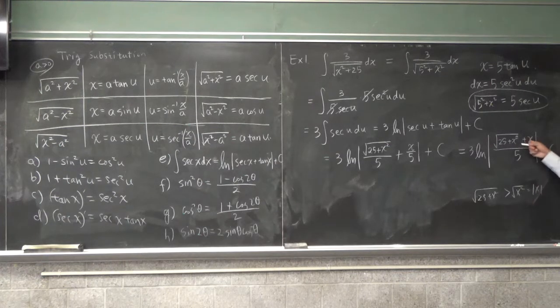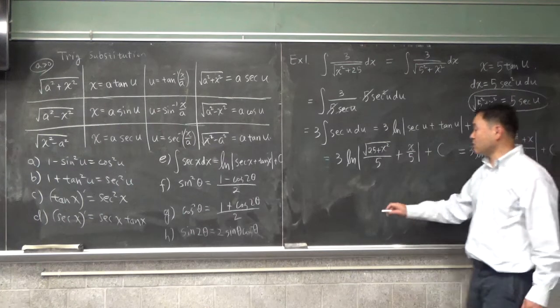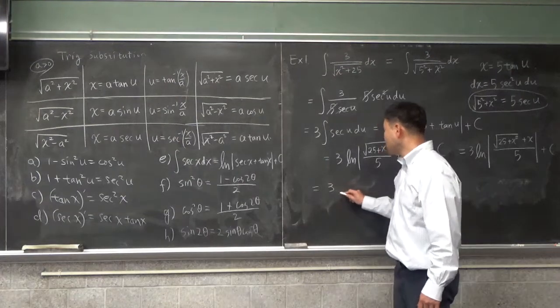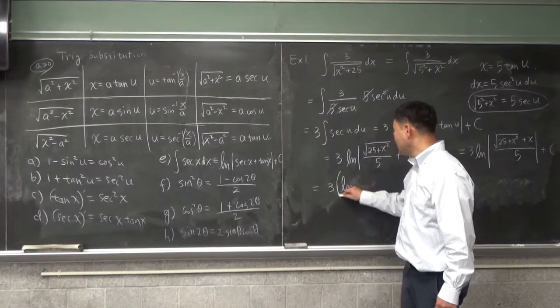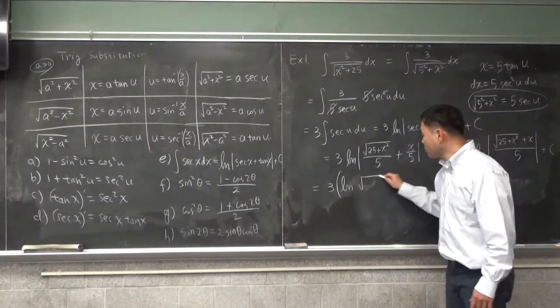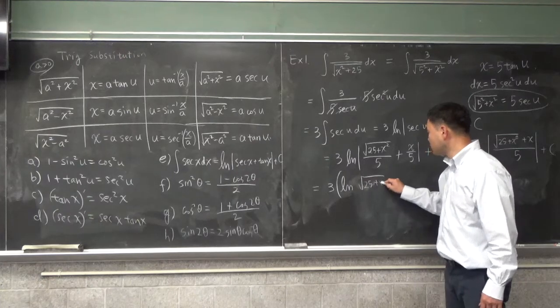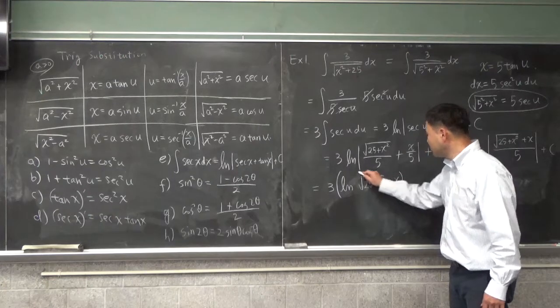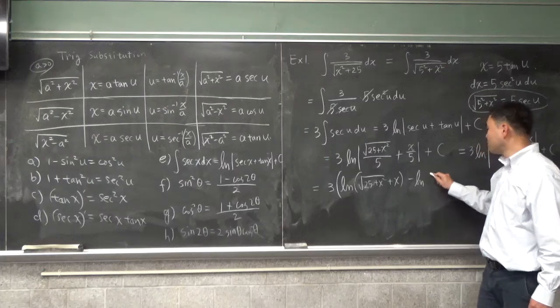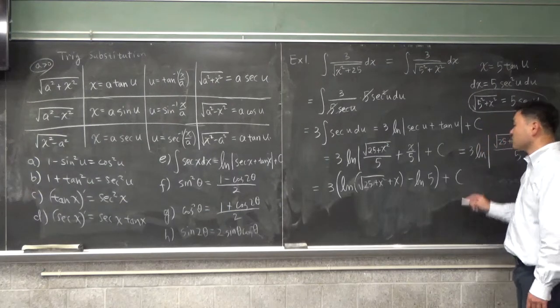So even if x is negative, this plus this is never negative. So what I'm trying to say is that this absolute value is not necessary. So you can further rewrite this as 3 times ln of square root of 25 plus x squared plus x, minus ln of 5, plus c.